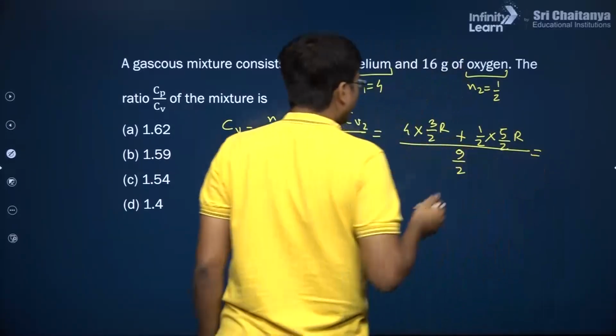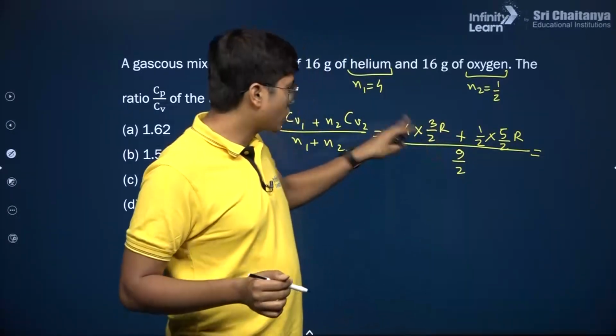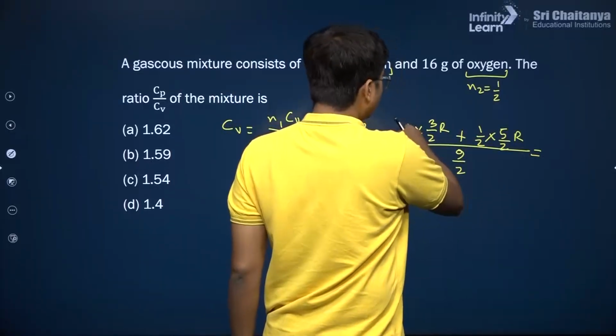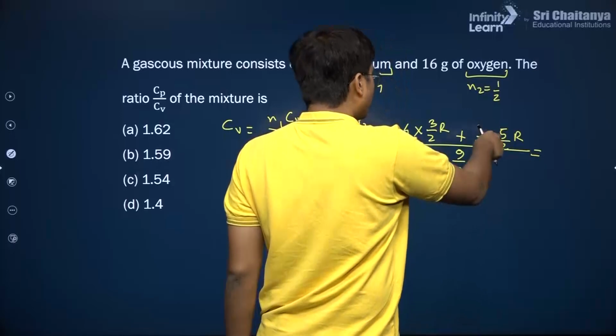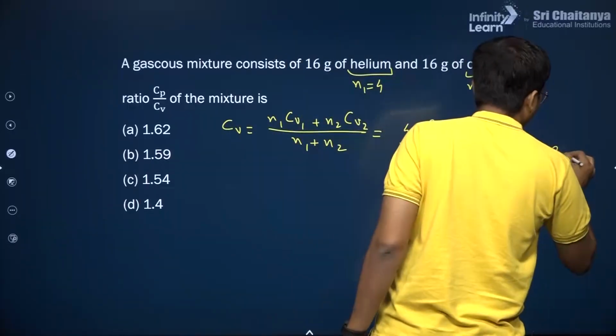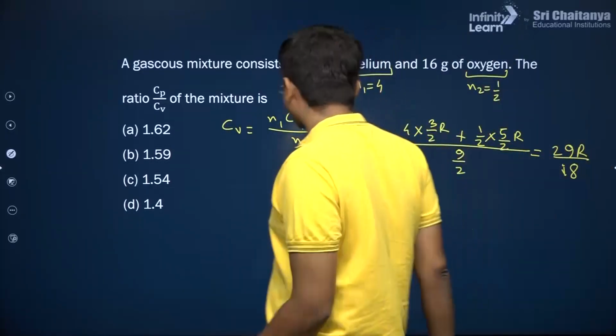So let's see what we can do. We can remove the denominator 2 from each case. So here you have 12 into 2, 24 plus 5, 29 divided by 18. So you'll have 29R divided by 18 here.